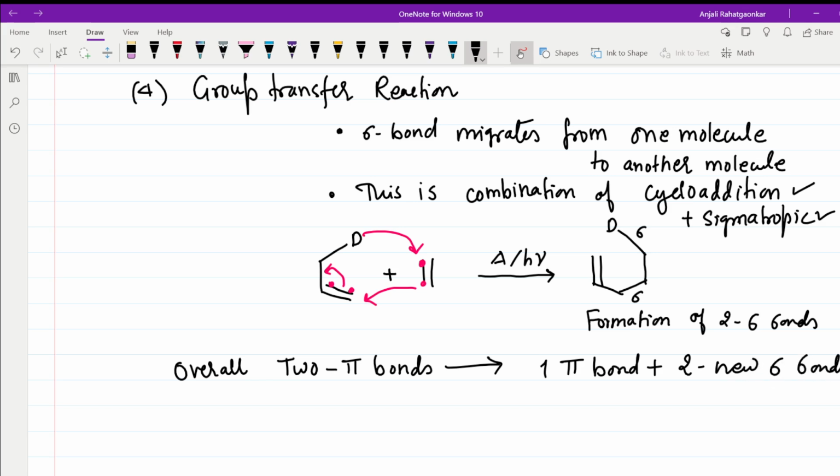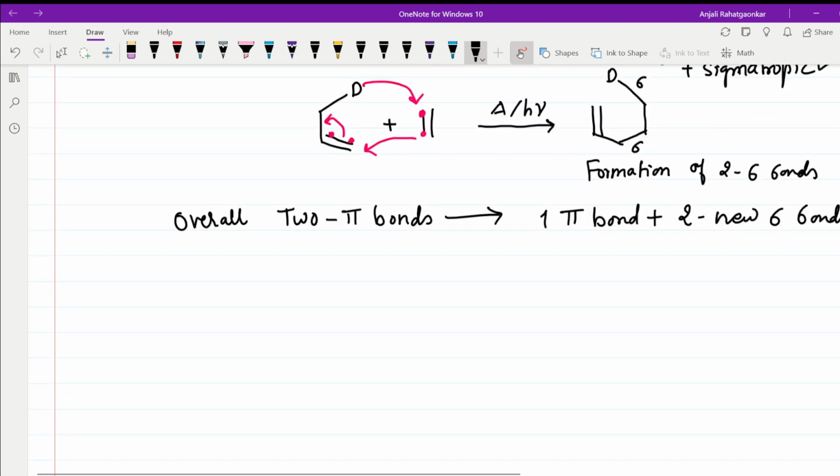So this is about the group transfer reaction. The mechanism, as I told you, I will explain one by one all the reactions separately, because this is an introductory lecture, so you should know what actually a pericyclic reaction is and how it is categorized into various types.